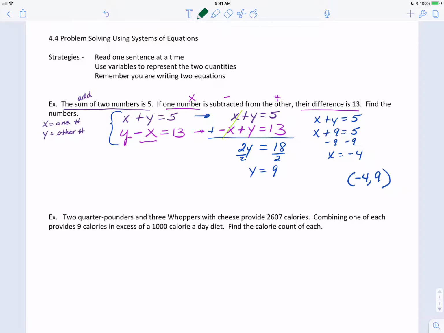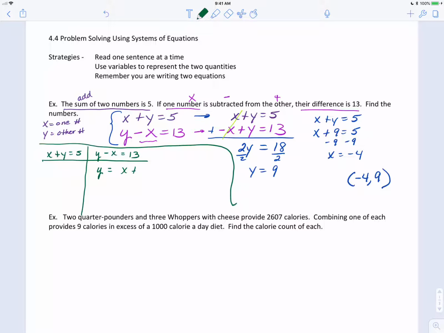So if I wanted to come over here and say, well, x plus y is equal to 5, because when we do our substitution, we do our t-chart, remember. So all I'm doing over here is just I'm going to solve it a totally different way, just in case substitution's your favorite.